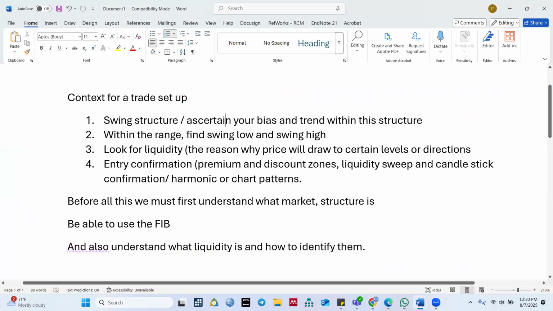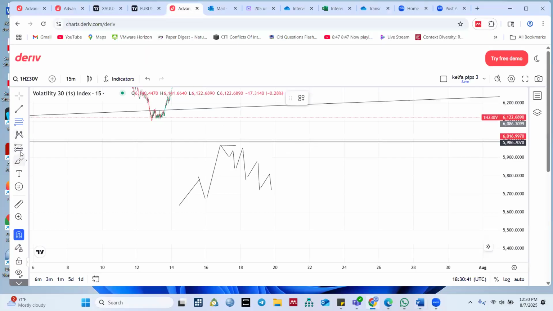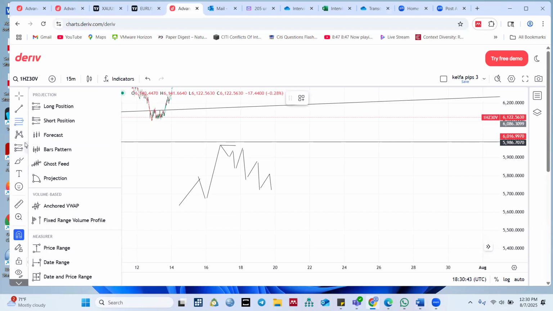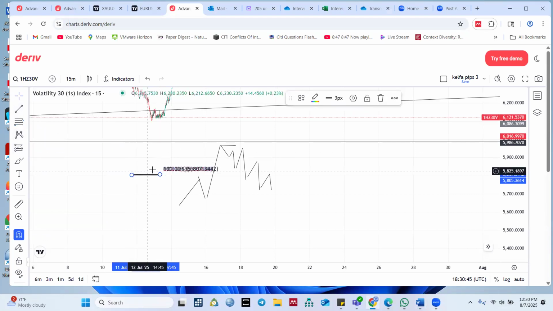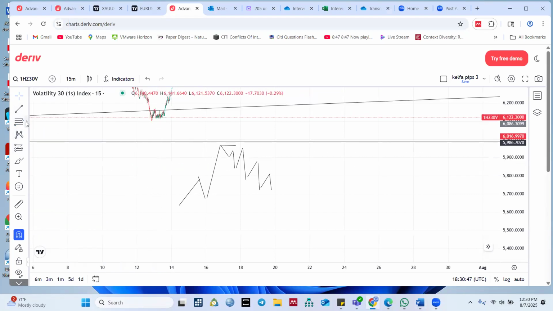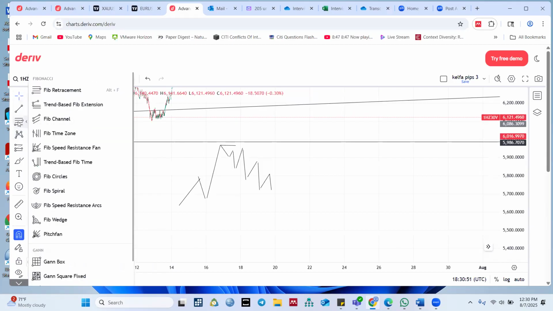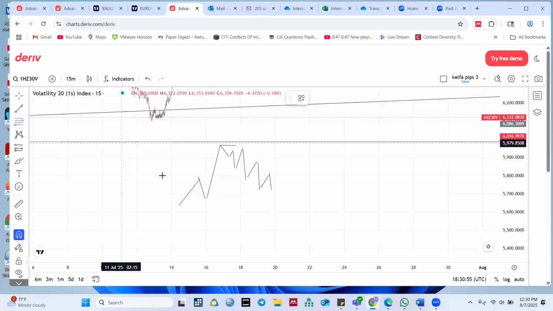So within this range, notice that I have said that we have to learn how to use the fib. The fib is the Fibonacci. The fib is a tool on TradingView, and it was developed by Fibonacci, by the name. You find it on the left side here, and this is it. I pick it, and you measure your swing range.